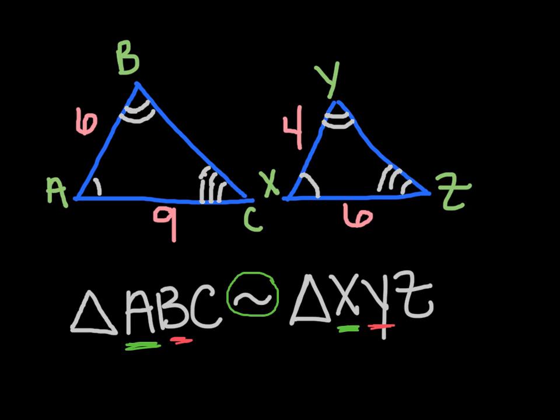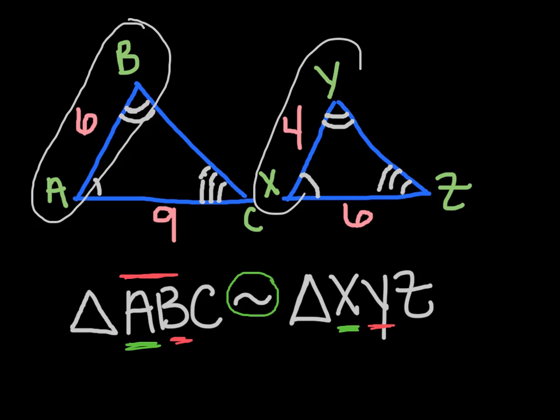And then you can also see, if you look at line segment AB right here, line segment AB should be in the exact same line segment as YX, that matching piece, and that should be in the same order in its name.